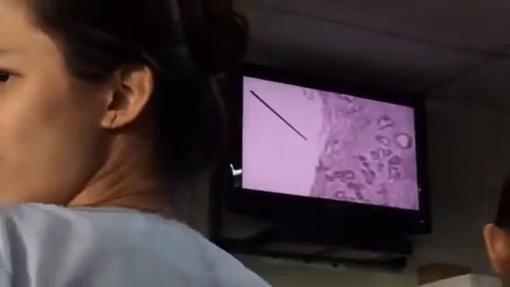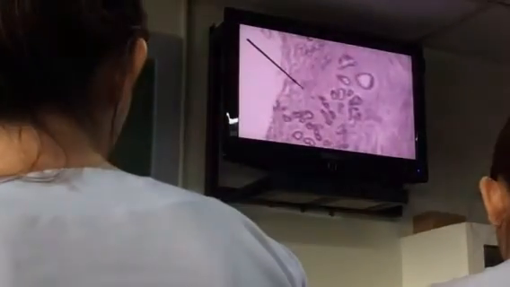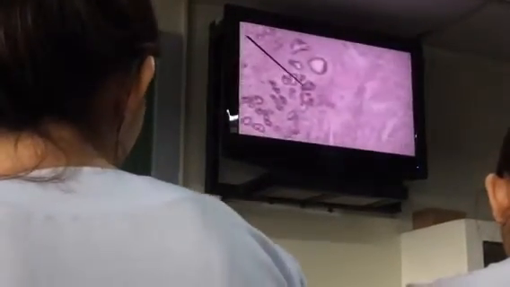From in going out, the lumen of the uterus. This is the innermost layer. We call this endometrium. No?